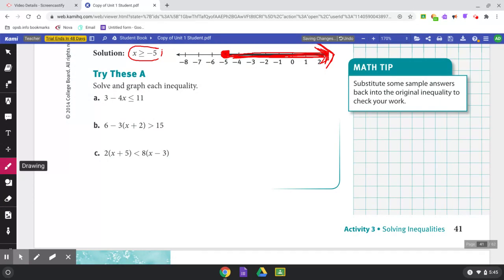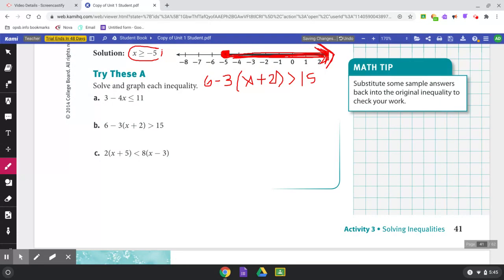All right, so we've got 6 minus 3 times x plus 2, that's an x, is greater than 15.